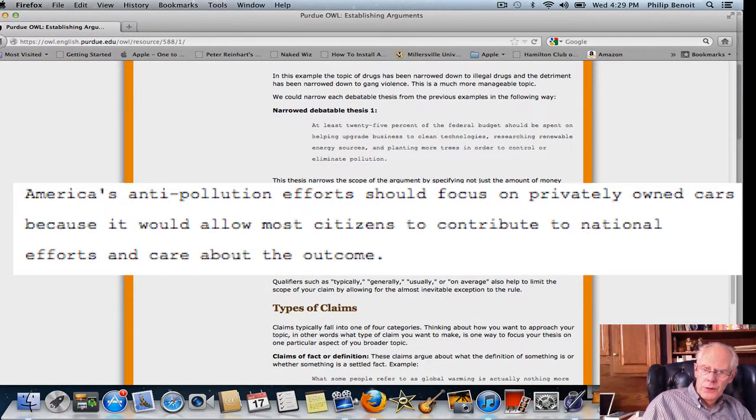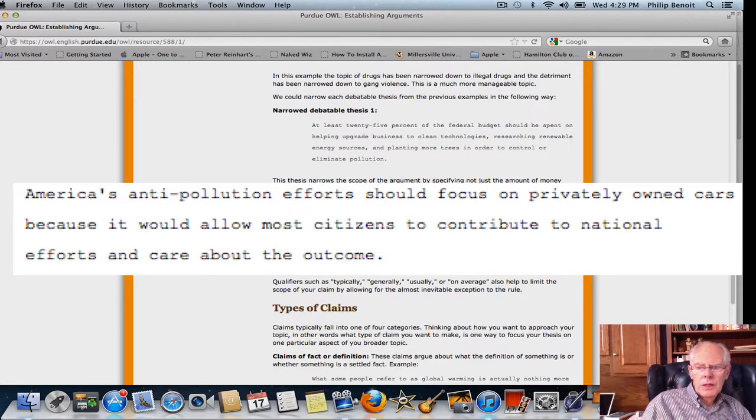We can further narrow also the debatable thesis number 2 by saying the America's anti-pollution efforts should focus on privately owned cars because it would allow most citizens to contribute to national efforts and care about the outcome.